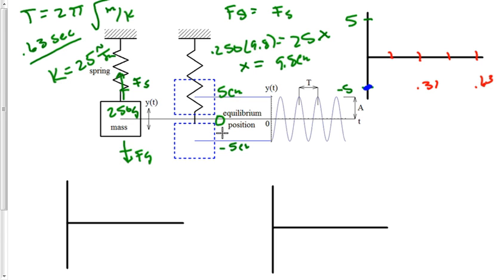Then we're going to go up to the 0 mark, so I'll put a dot there. Then we're going to go up to the 5 centimeters, so I'll put a dot there. And then we'll oscillate back down to 0. And finally, we'll end at negative 5, which I'll put right here. And this is what our first wave is going to look like.